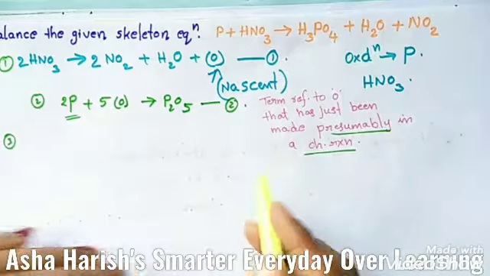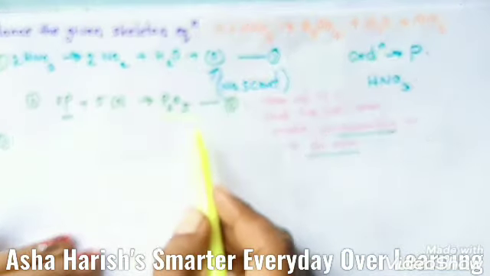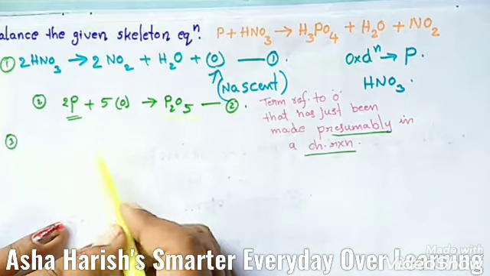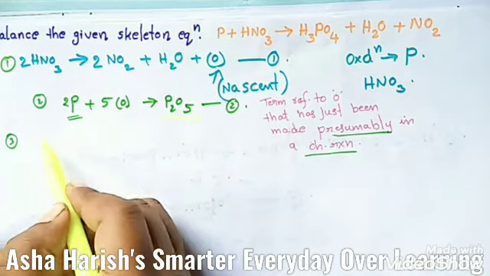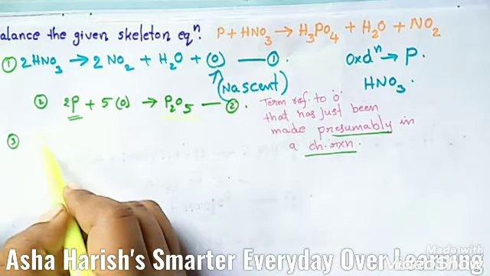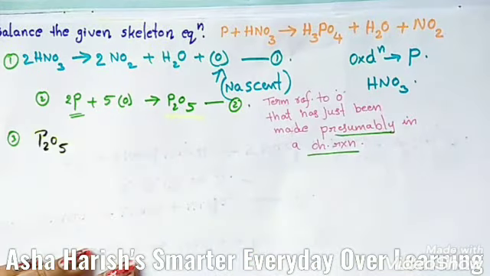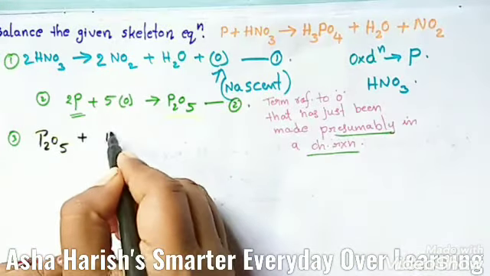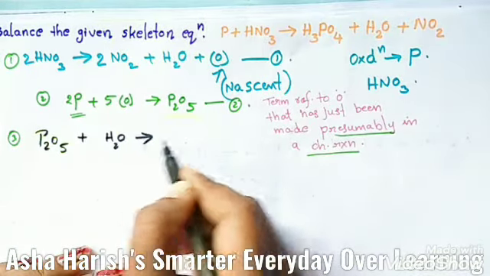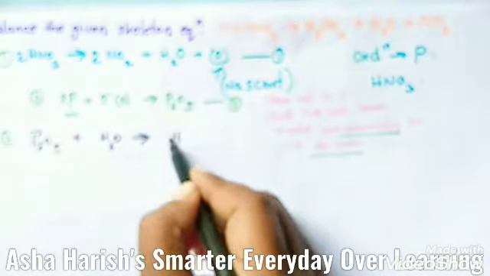Phosphorus pentoxide, P2O5, has already been formed. This dissolves in water to produce phosphoric acid. Now, students, P2O5 plus H2O gives rise to phosphoric acid, formula, you know very well, H3PO4.